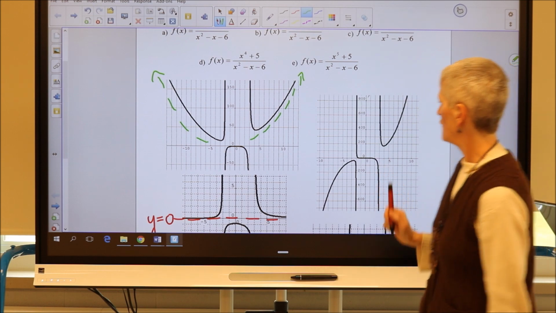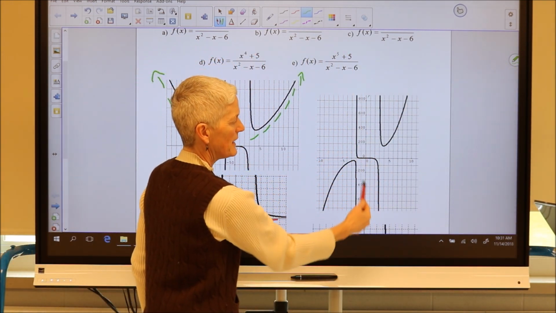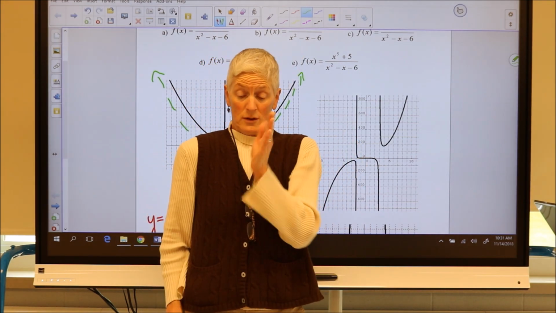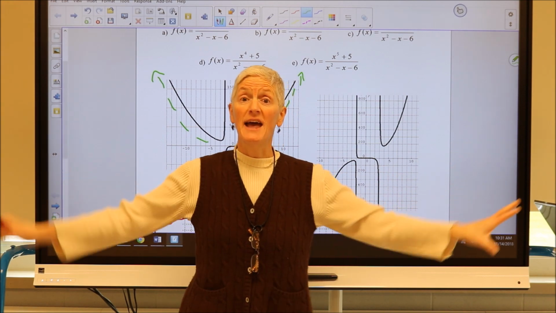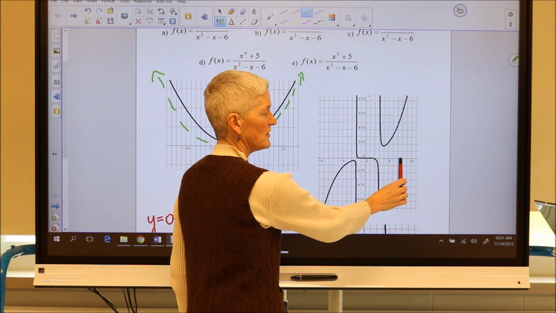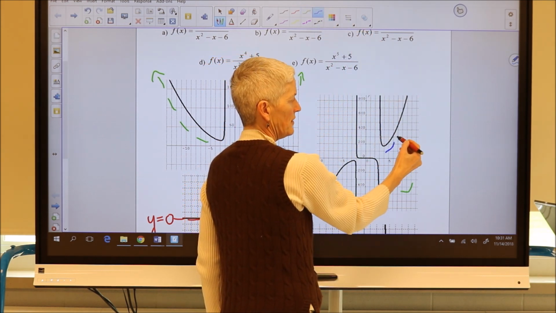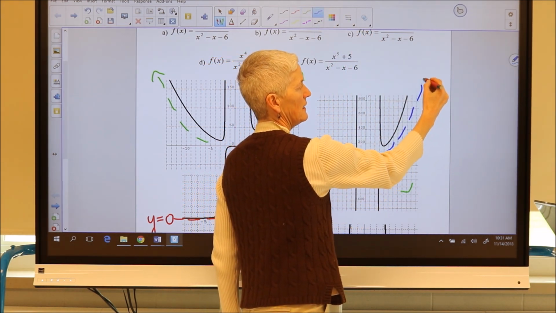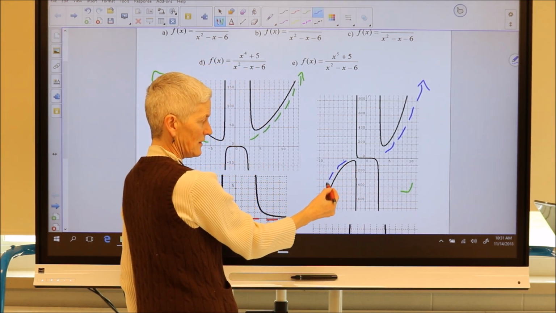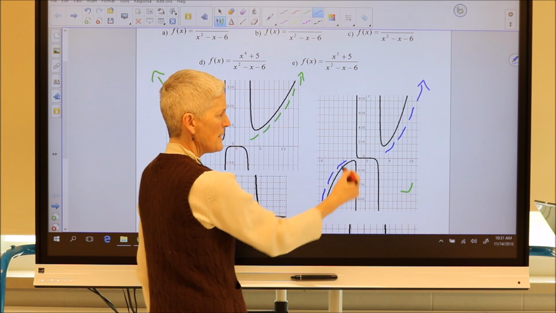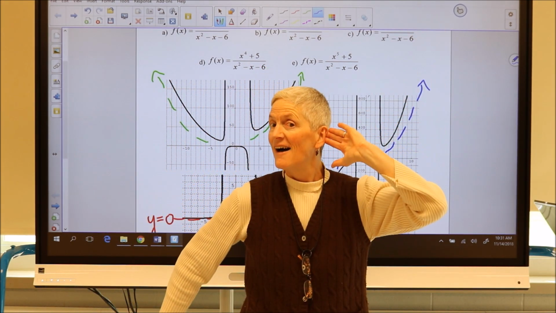Let's look at this creature over here. Again, there's a lot going on in the middle of a function, but the middle of the function is interesting, but it's not telling me about the end behavior. So as x is approaching something big, my y is going up, up, up, up, up, and this looks kind of curvy. As my x is approaching negative infinity, oh my goodness. What type of function looks like that?